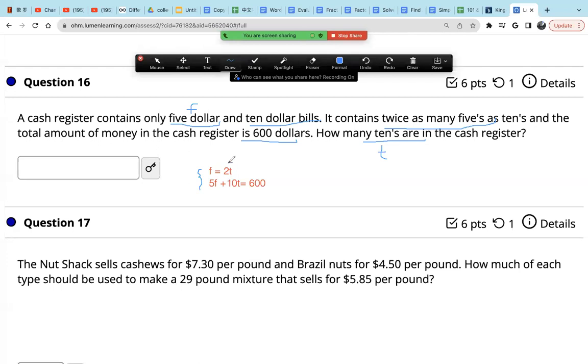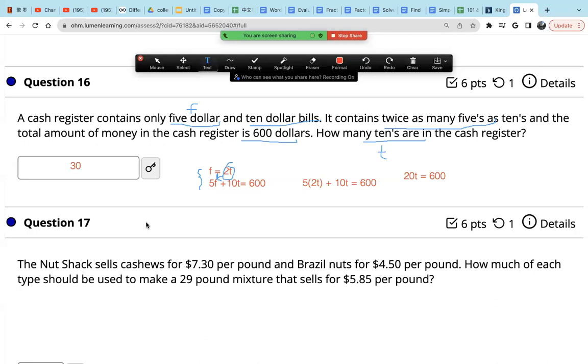To solve this, we just substitute 2T for F in the second equation, right? So I have 5 times 2T plus 10T equals 600. 5 times 2T, that's 10T. 10T plus 10T, that's 20T. 20T equals 600. Divide by 20 on both sides, T equals 30.